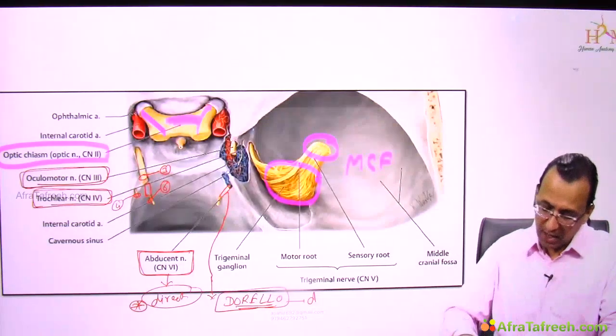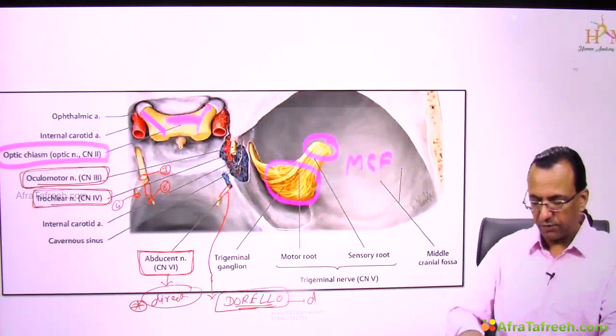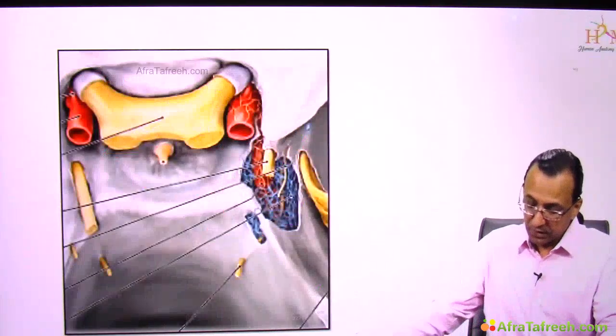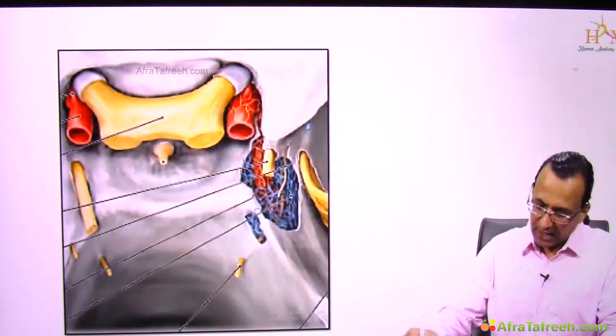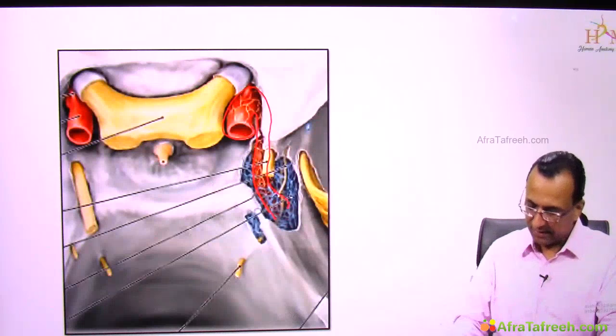Understand, this is cavernous sinus and it has a lot of contents. We want to see that and magnify. This is the internal carotid artery coming outside the cavernous sinus, but first it will be inside the cavernous sinus.